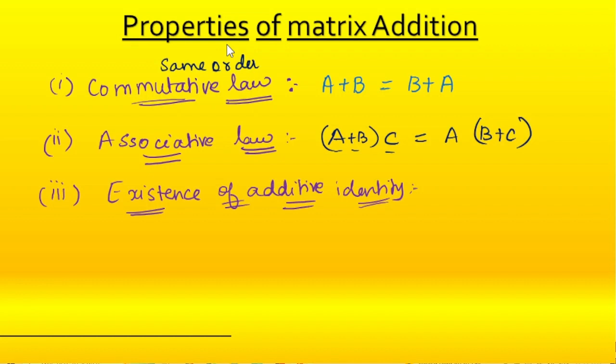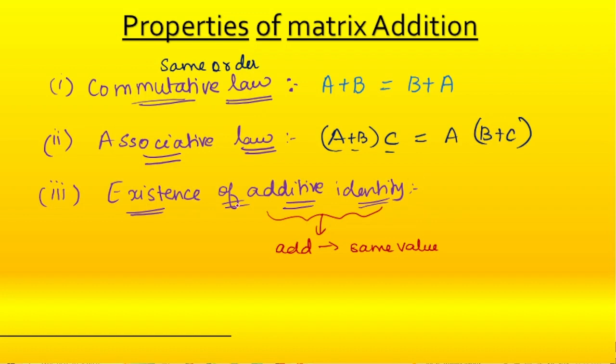What is the meaning of additive identity? That means when you add two numbers or when you add two matrices, you should get the same value. Suppose you add the A matrix to any other matrix, you should get the same A matrix.